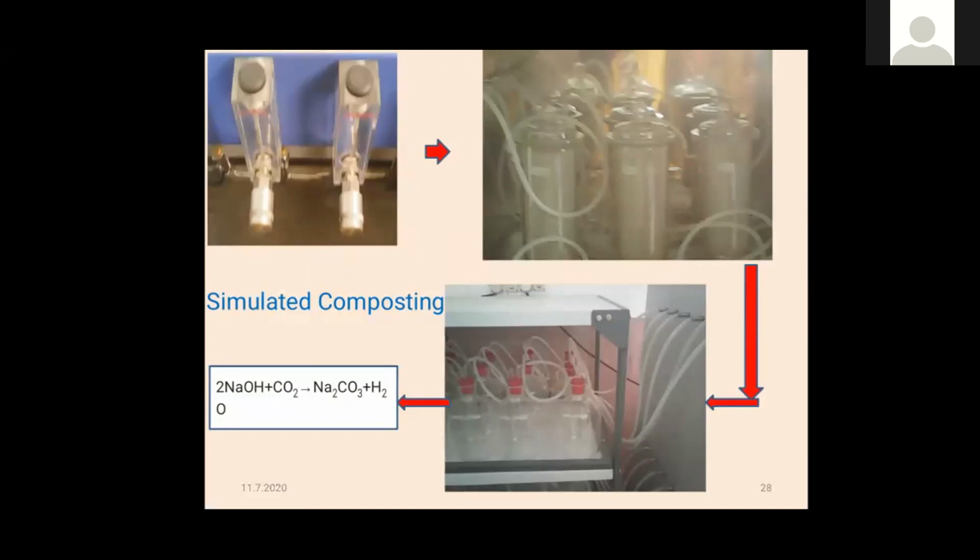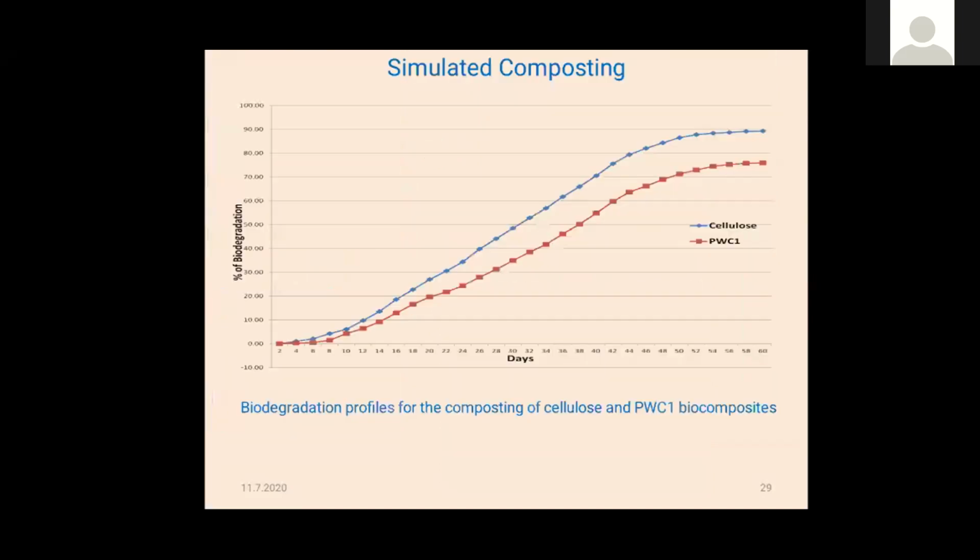Further, I tested whether the carbon cycle is fully completed or not, because I used a mineral filler as well as some plasticizers. So I made a setup for simulated composting. Through this setup, I proved that my compound is biodegradable and biocompatible.